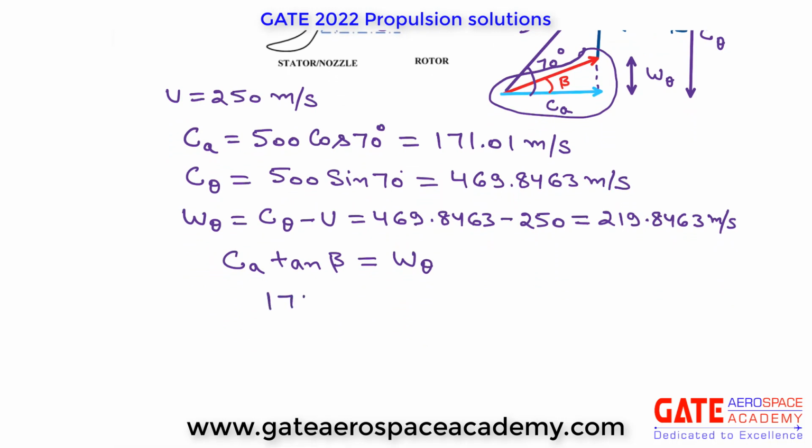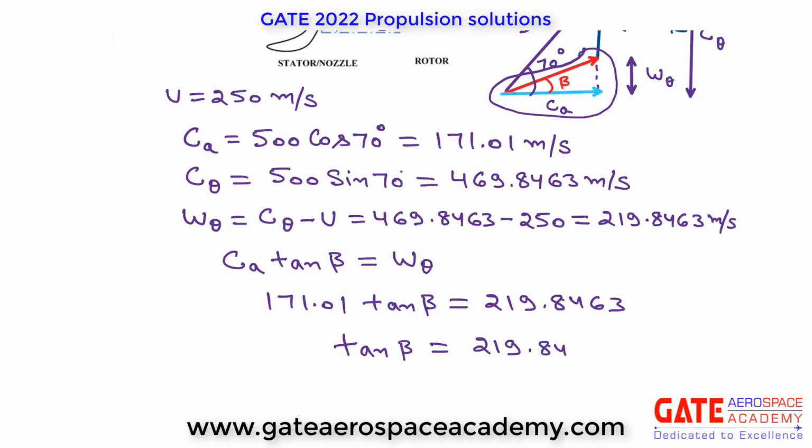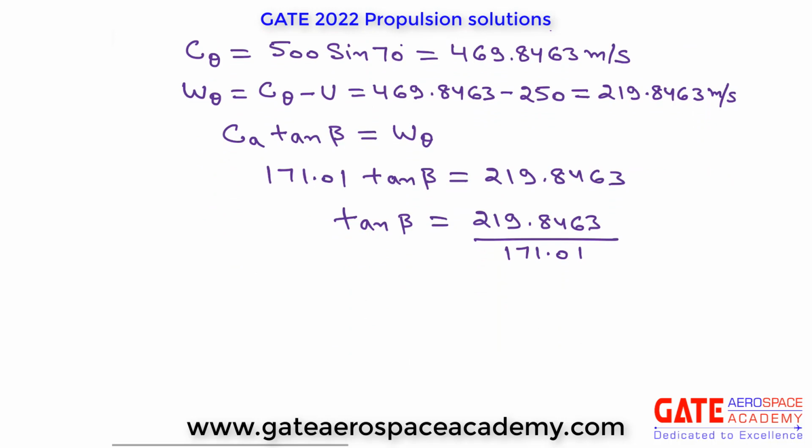So 171.01 tan beta is equal to W theta, 219.8463. So tan beta is equal to 219.8463 upon 171.01. So beta will be equal to 52.1 degrees.